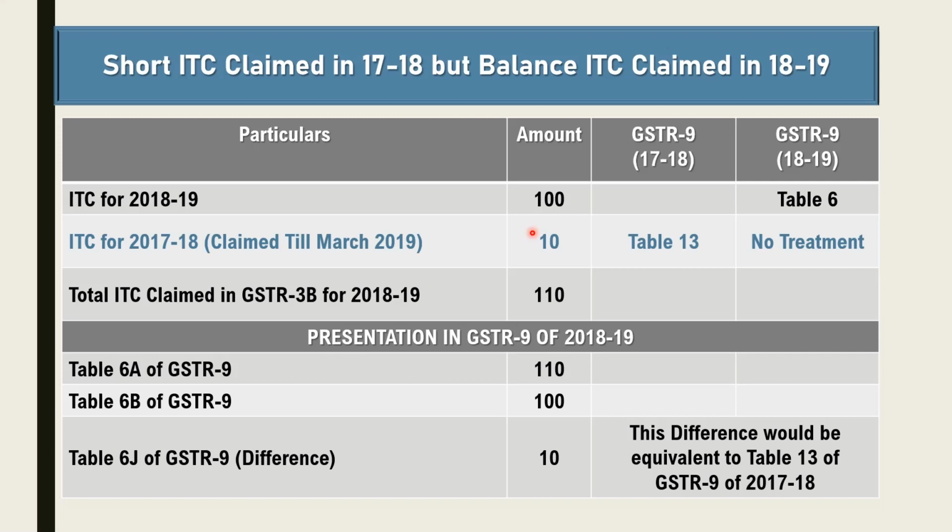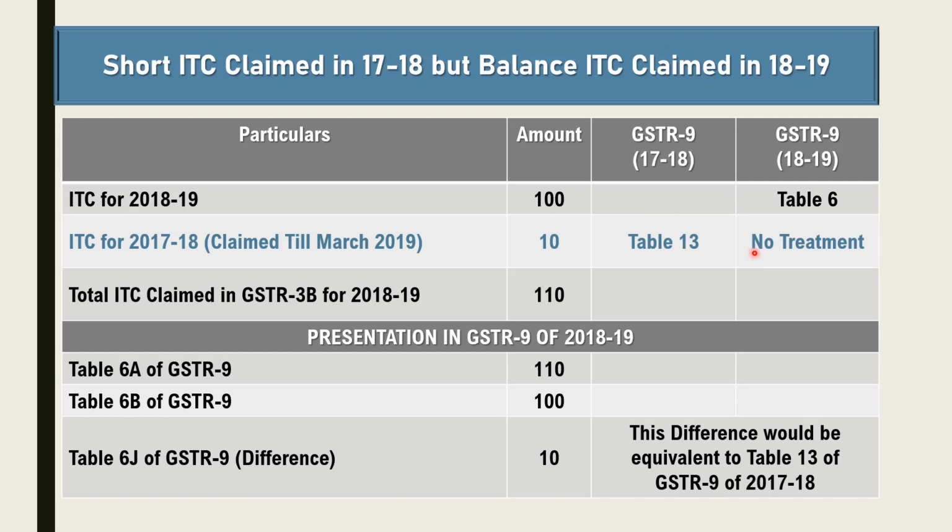As we have discussed, GSTR 9 of 1819 should be containing figures of 1819 only. So table 6 of GSTR 9 of 1819 would be giving details of 100 rupees only, and this 10 rupees which has been claimed in 1819 for 1718 has already been reported in table 13 of GSTR 9 of 1718.